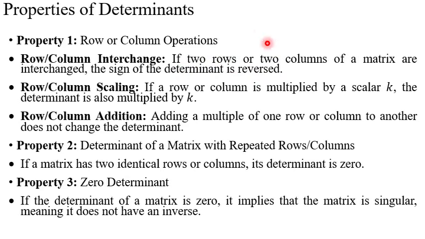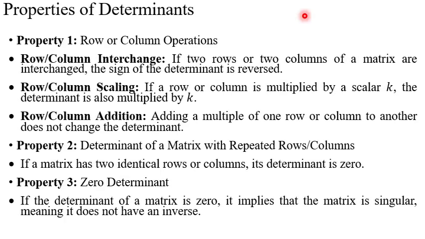So if it is a 2 by 2 matrix, you exchange the rows of the matrix, and if you compute the determinant of the matrix just as it is, then you interchange the rows or you interchange the columns, and you find the determinant again.